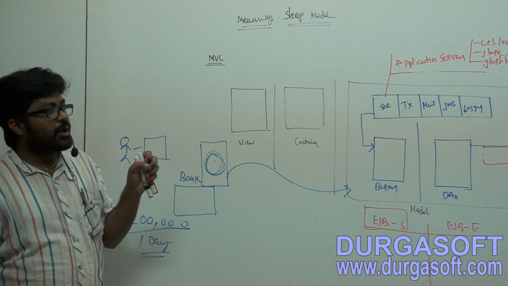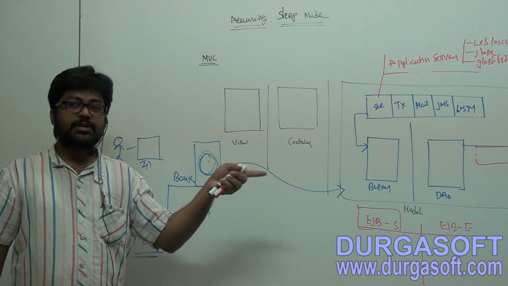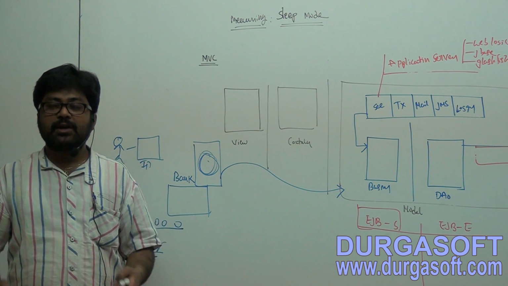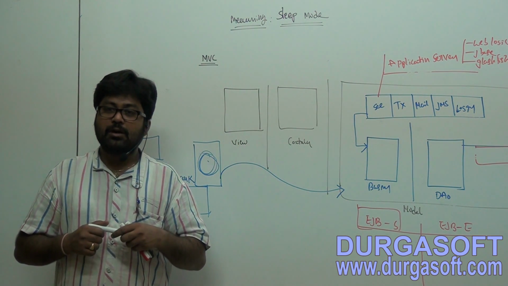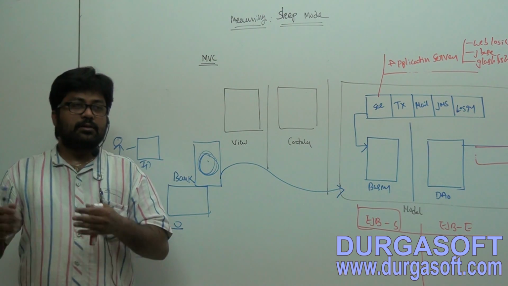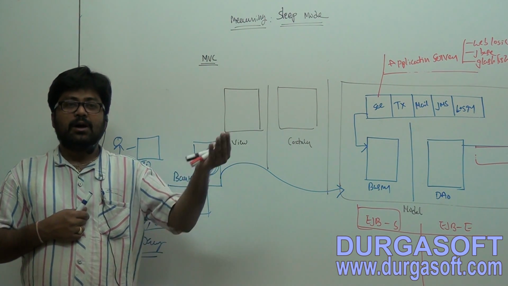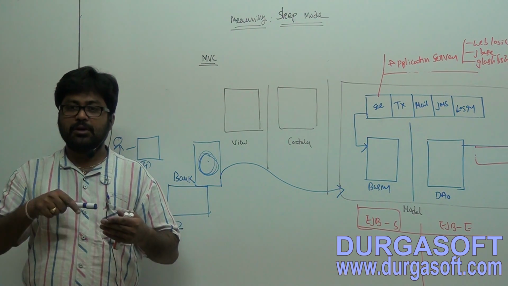If you see the bank employees table data, you can say that it is constant data. It is not frequently changeable data. Frequently changeable data means, for example, the bank account table may change frequently. In one day, 10 people may add some amount into my account, so there is a chance to update my bank account table.